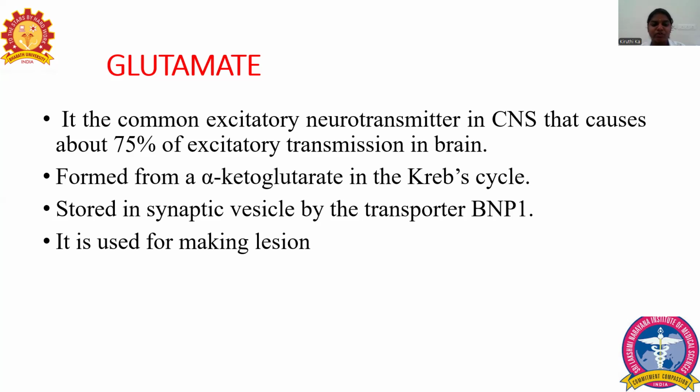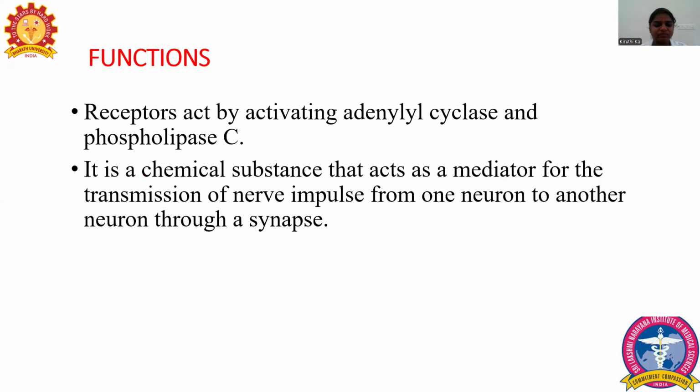It is released from a nerve terminal and taken up by the astrocytes, which convert it first to glutamine and transfer the glutamine to the nerve ending, where it is converted back to glutamate.